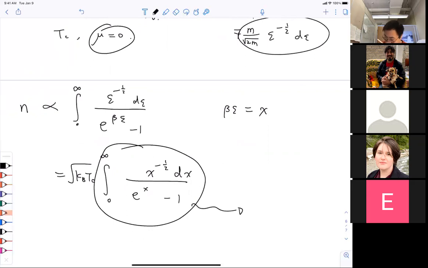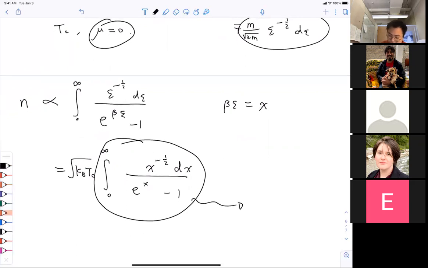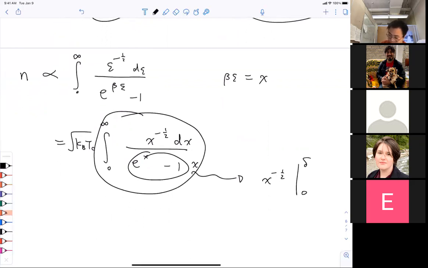It also diverges at small x, right? Because the denominator is x at small x. So eventually at small x, we have something divergent, meaning this integral equals infinity. To make n finite, we need T_c to be 0. So only 0 times infinity has a chance to give a finite result.